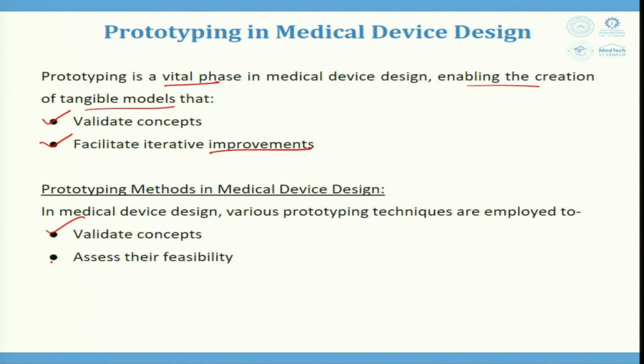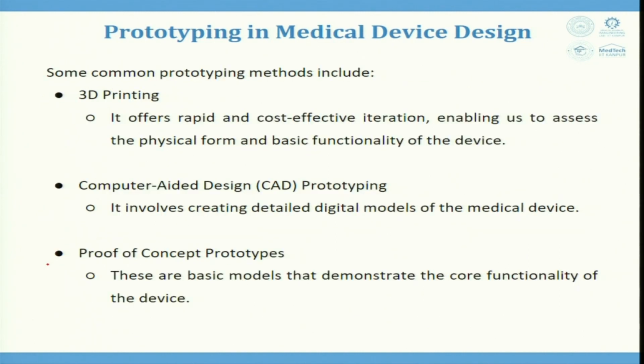to validate the concepts and to assess their feasibility. Some of the common methods include, number one, 3D printing, which we will discuss in the forthcoming lecture. This is rapid prototyping.